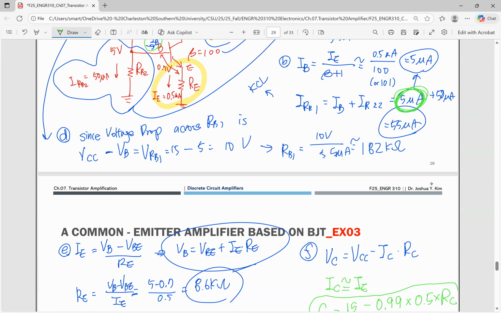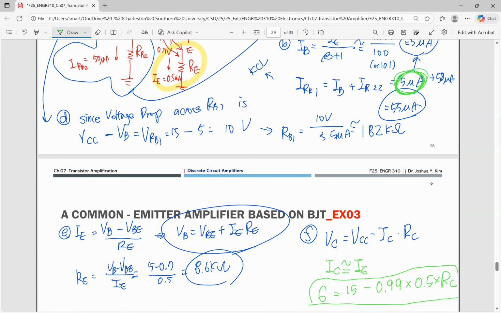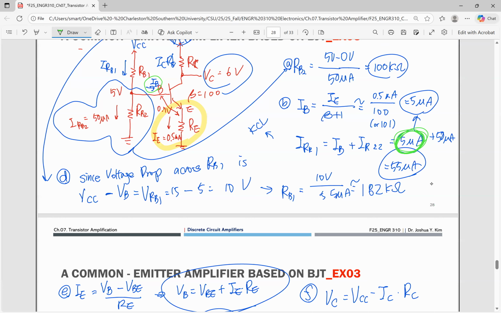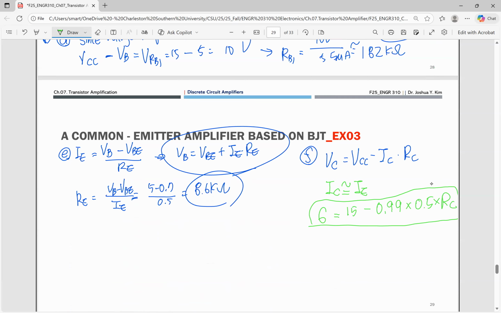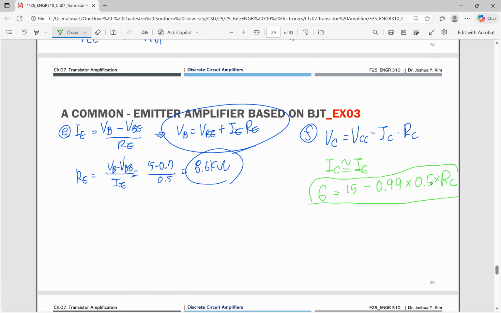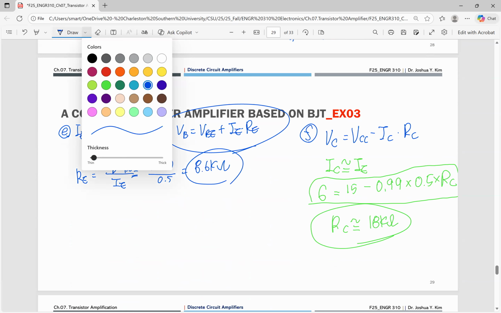Some students may be confused about whether to use I sub E, so it depends on the value, but I don't think so. I sub B is very small, so this is why I sub C is almost the same as I sub E. So R sub C finally is 18 kilo. Okay, the 18 kilo.